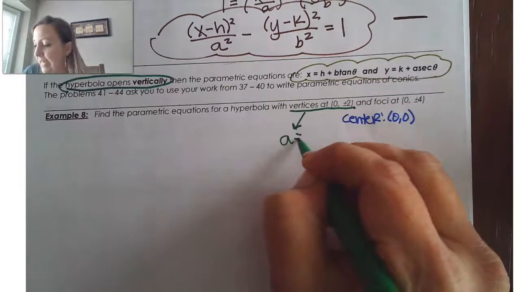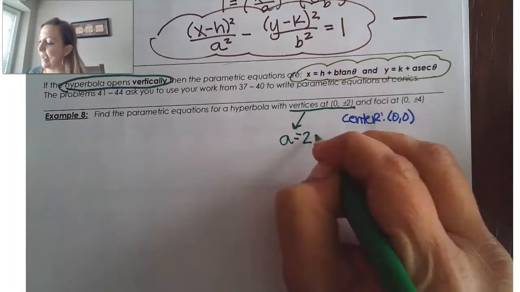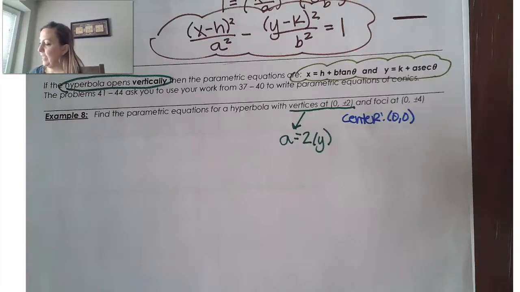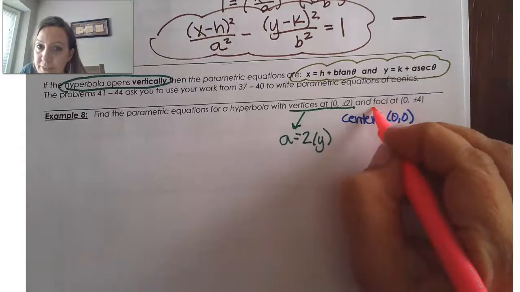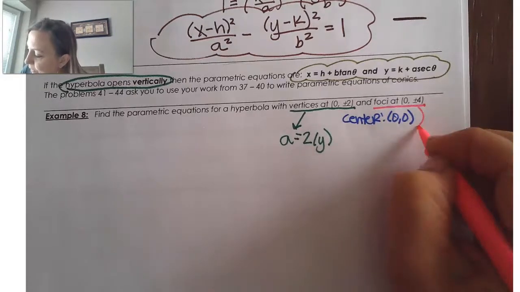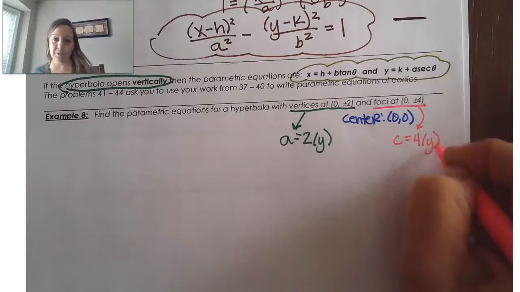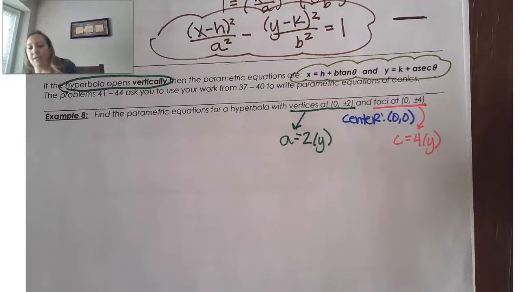This tells us that a is 2, and notice that there's movement along the y. And we see that our foci are at 0 plus or minus 4. So this tells us that our c value is 4. And again, of course, that's also affecting the y, which makes sense.